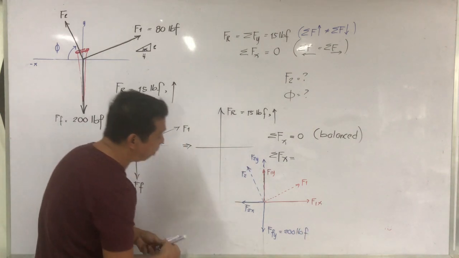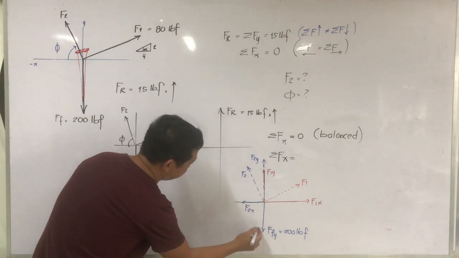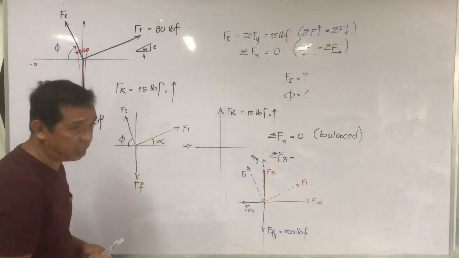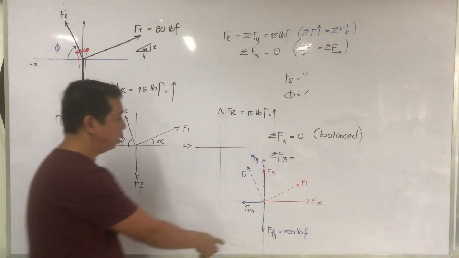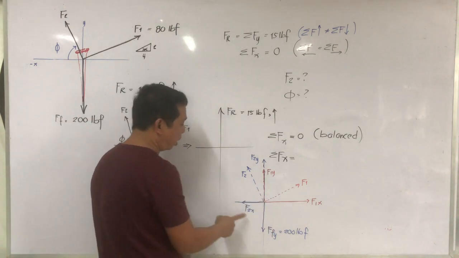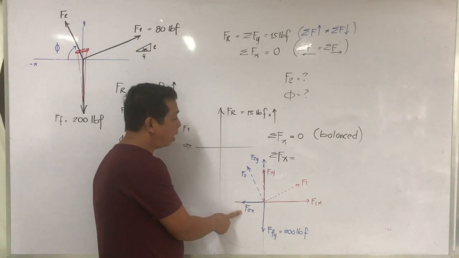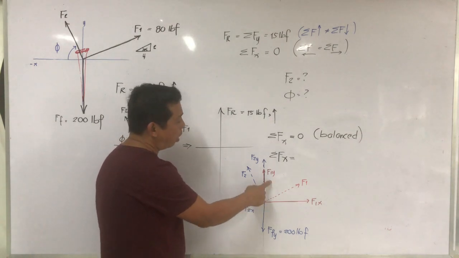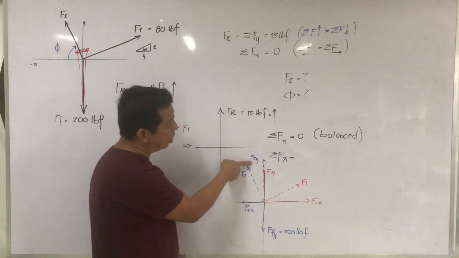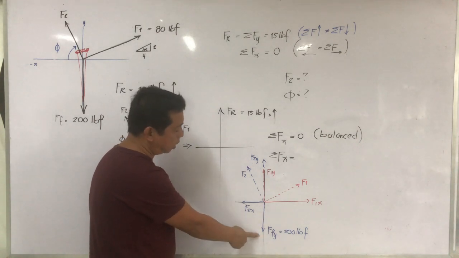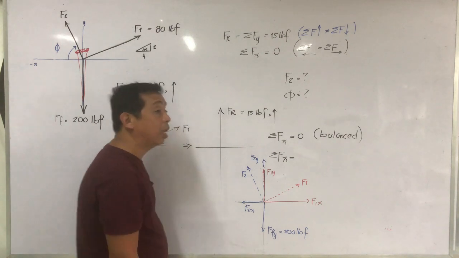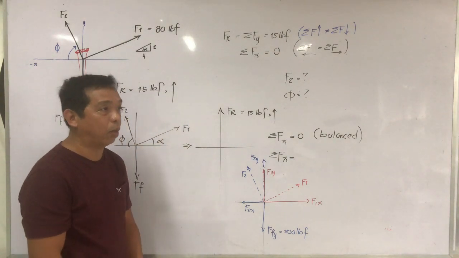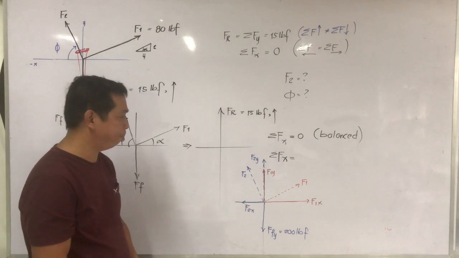Makikita ng engineers na meron 5 forces. 5 forces: dalawang nasa x-axis, the x component of F1 and the x component of F2, at tatlong nasa y-axis, the y component of F1, the y component of F2, saka yung resisting force na F sub F, na pwede natin sabihin na y component of F sub F kasi wala naman siyang x component.